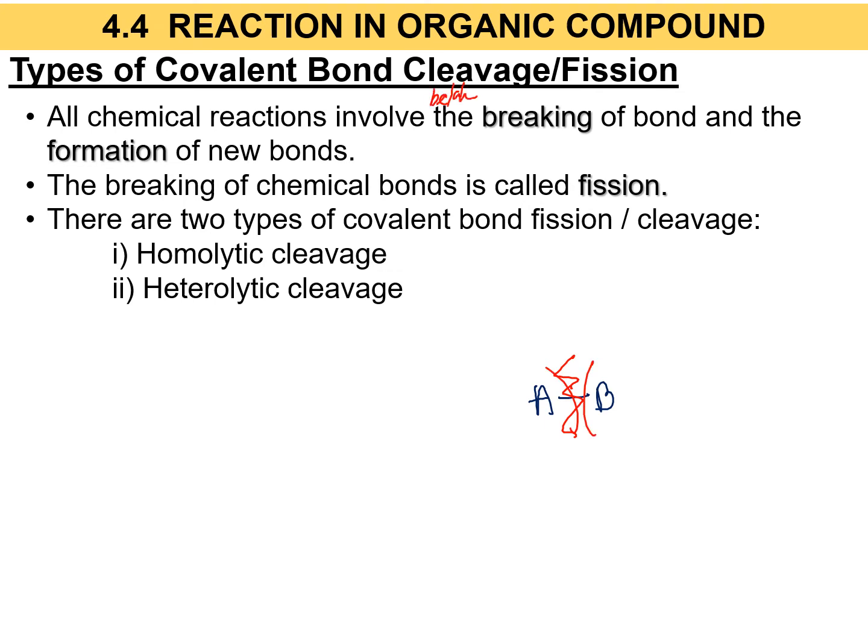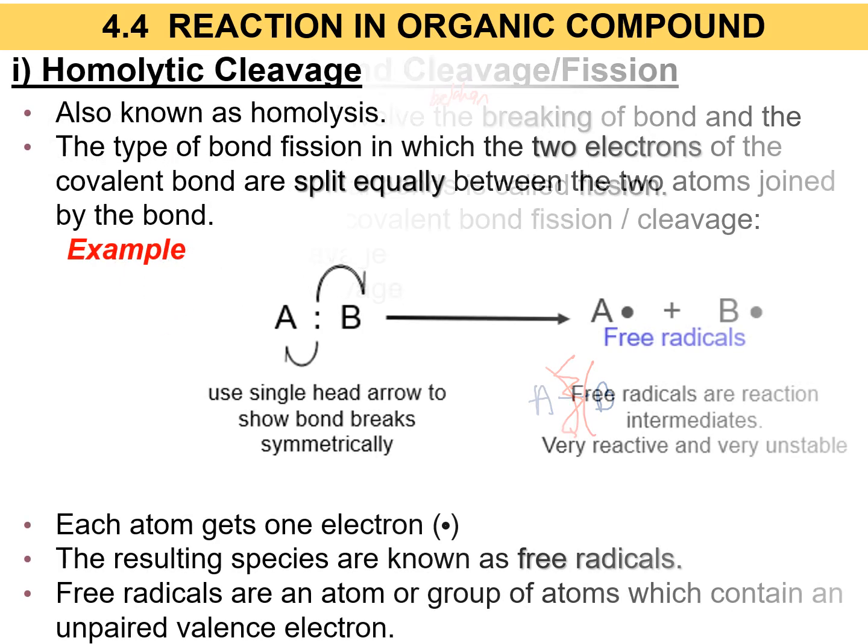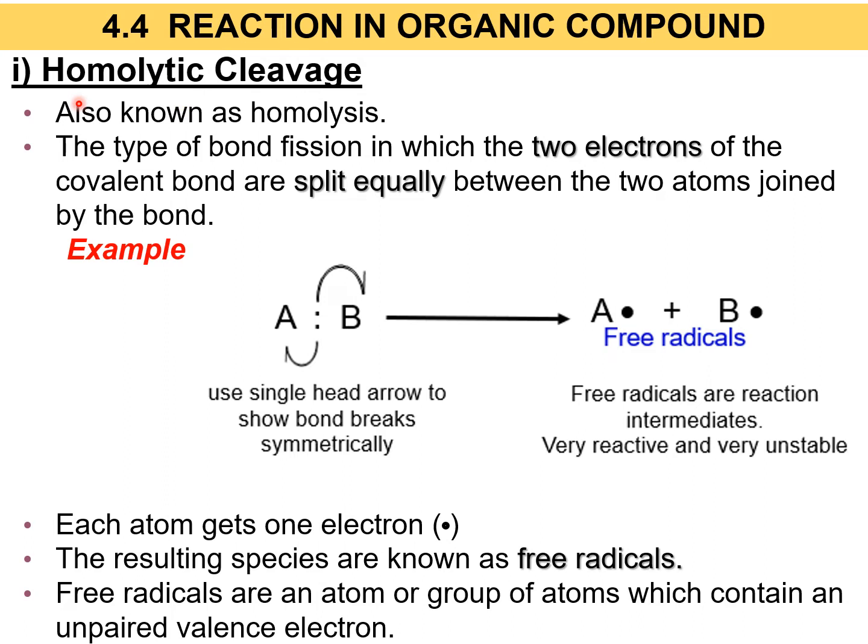So, there are two types of the covalent bond cleavage or fission that is known as homolytic cleavage and heterolytic cleavage. Okay, the first type of bond fission adalah homolytic cleavage that is also known as homolysis. So basically, kalau let's say you ada dua atoms A dan B, di mana dia ada covalent bond kat situ, single bond.